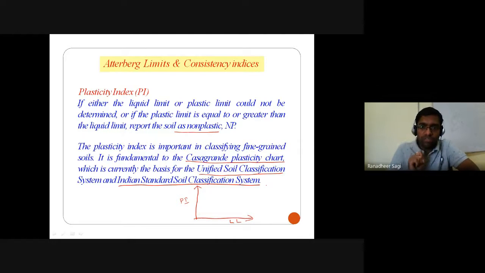Based on where that point is falling, we classify the fine grained soil as silt, clay or organic soil, and whether it is low compressible or high compressible, by looking at where that point is falling on the plasticity chart. That's how we go on to classify fine grained soil.